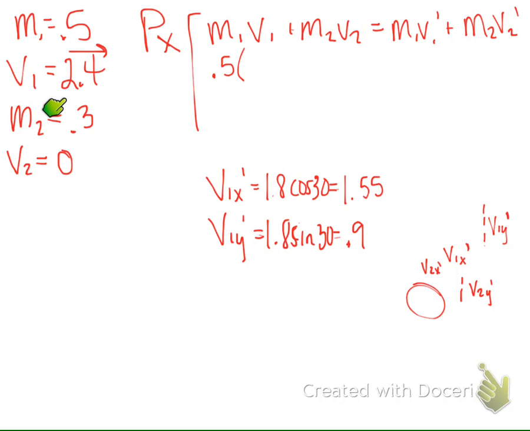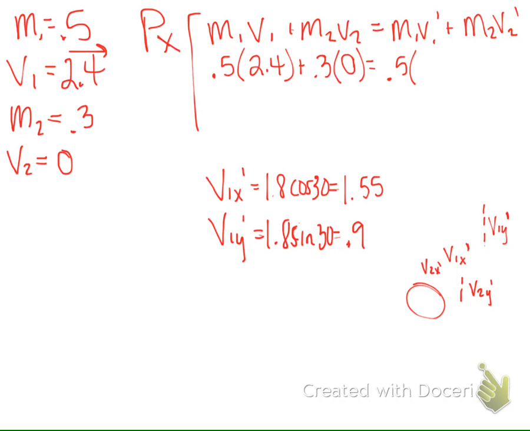Our v1 is only in the x direction or only in the y direction? X. That means we can plug it in here for momentum x. So we'll take our 2.4. Our second mass is 0.3. What about our second velocity? 0. Just 0. M1 doesn't change, so that's still going to be the 0.5.